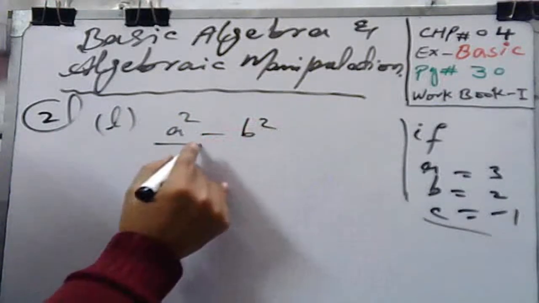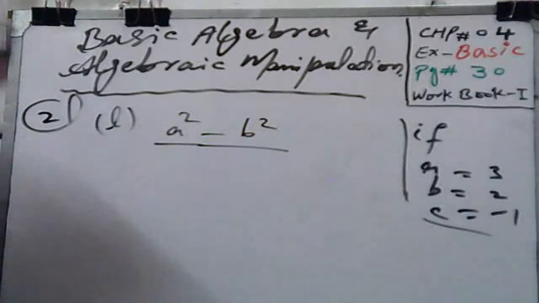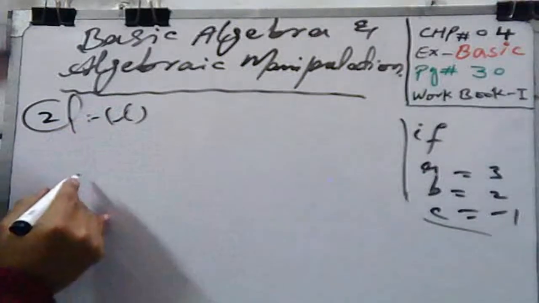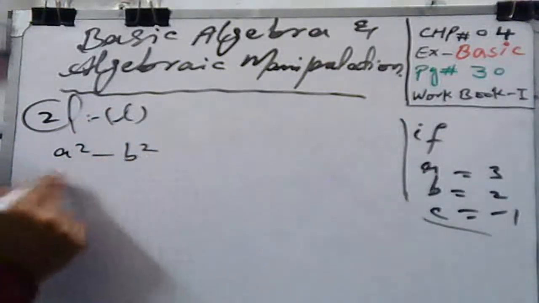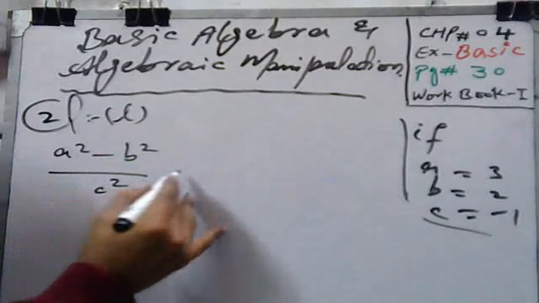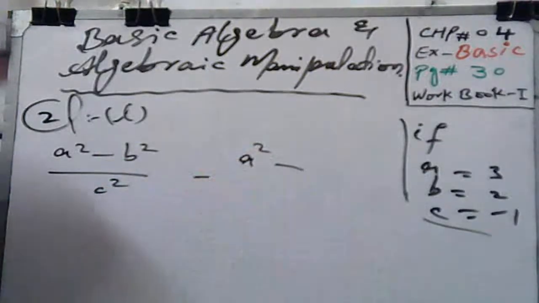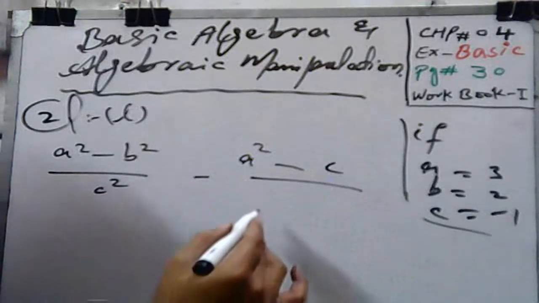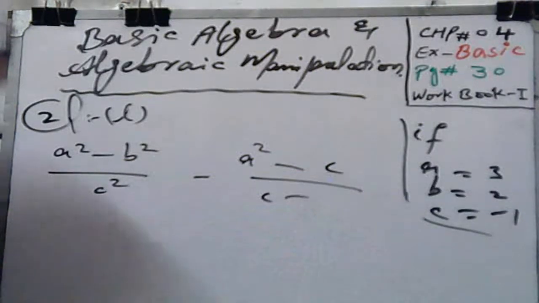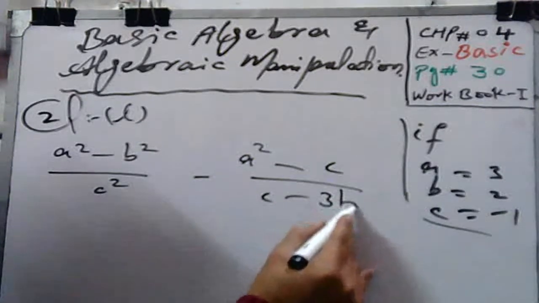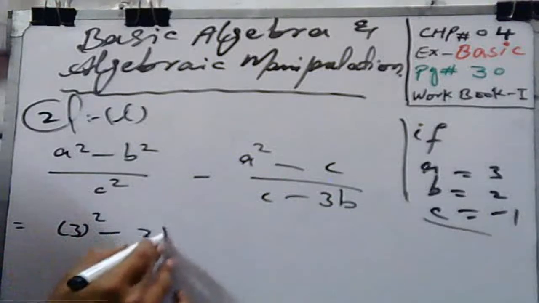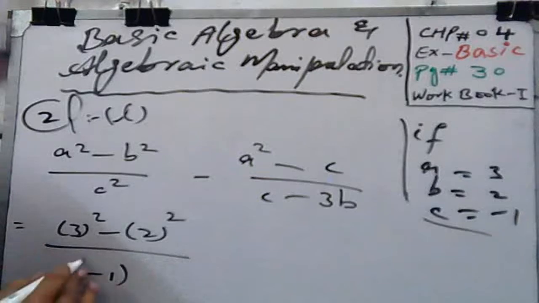Okay, we have little space here, you can see here freely, that is a square minus b square divided by c square is a square minus c divided by c minus that is 3b. Okay, putting the values, a square 3 square, b having square, c minus 1.